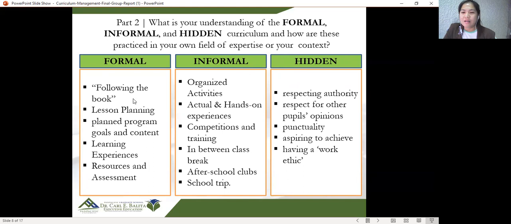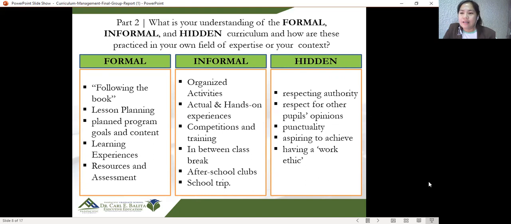The formal curriculum, these are the things that we want to see or we want them to do right away. Informal, these are the other ways for them to do a particular task in which it employed higher order thinking skills.